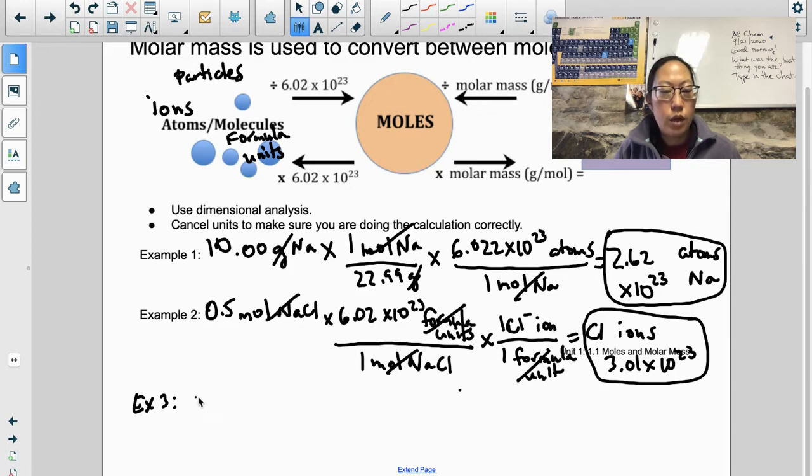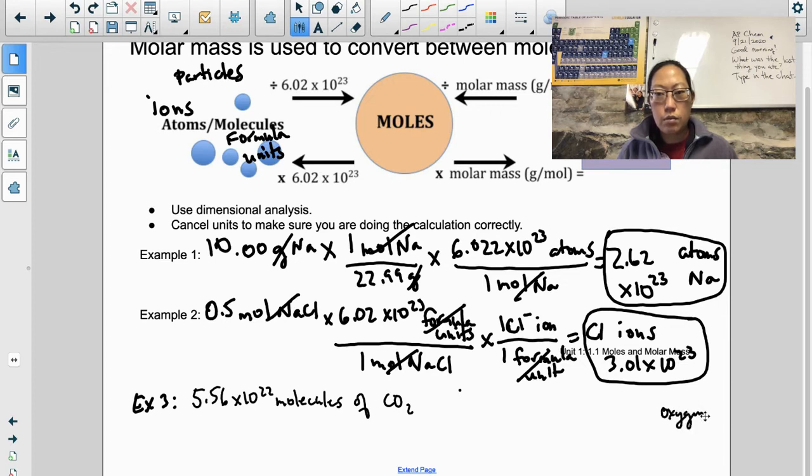So what if we have 5.56 times 10 to the 22nd molecules of CO2. And let's say we just want to get some oxygen atoms out of this time.